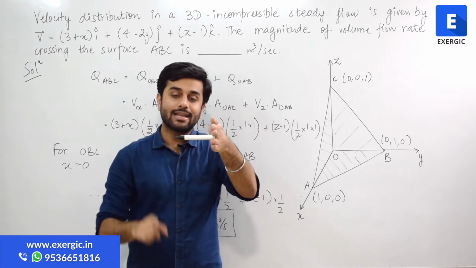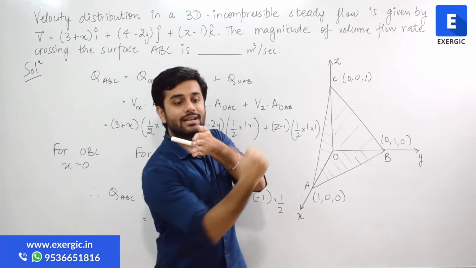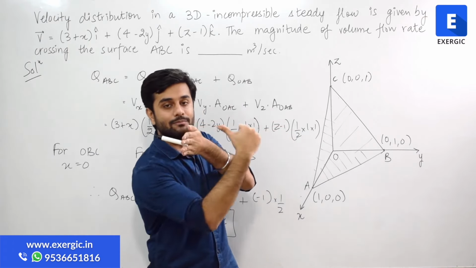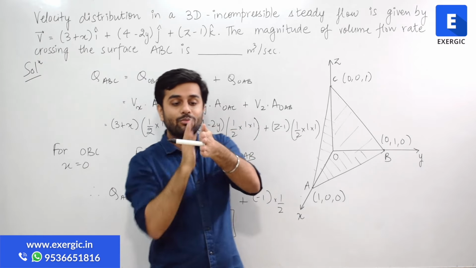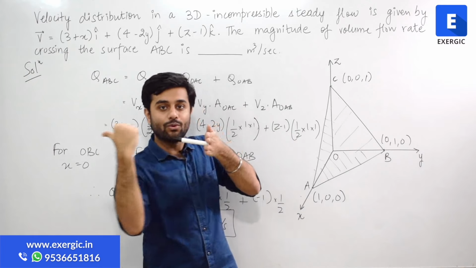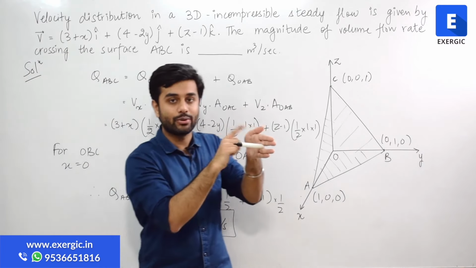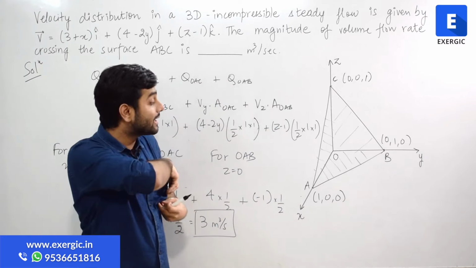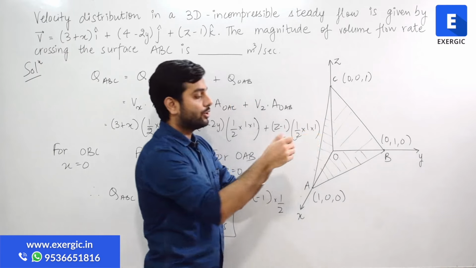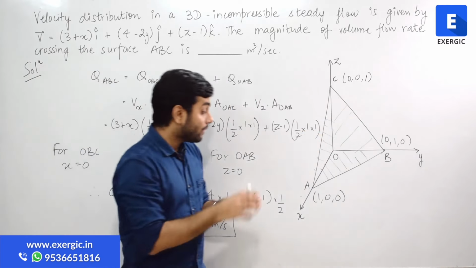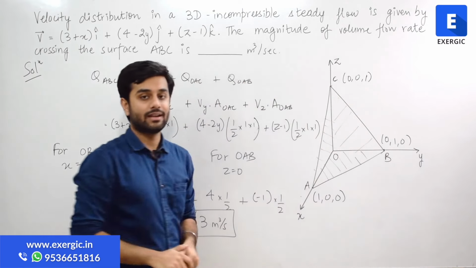If fluid is flowing in this direction, from which plane will it pass? The plane which is perpendicular to the X axis, right? In the diagram, OBC is perpendicular to X, so the velocity component along X will pass through OBC, right?